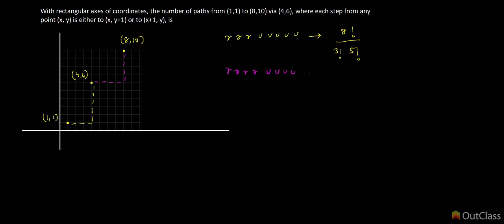Again, can be done in any order, doesn't matter. It's going to be 8 factorial by 4 factorial 4 factorial. And because these two steps are independent, the process itself can be completed in a product. Number of ways of doing step 1 into number of ways of doing step 2. When you do this calculation, you will get 3920, and that is your answer.